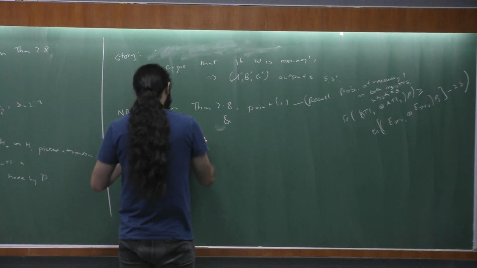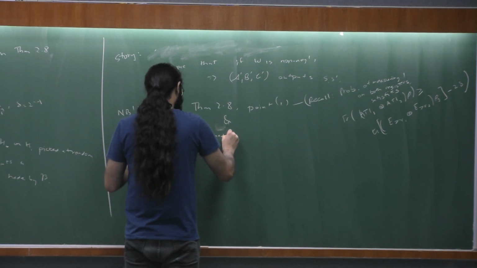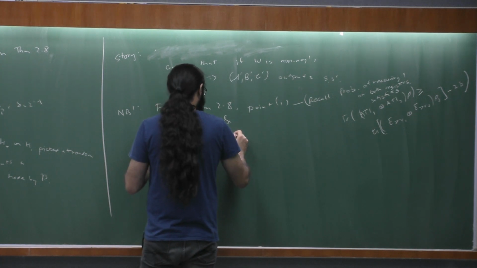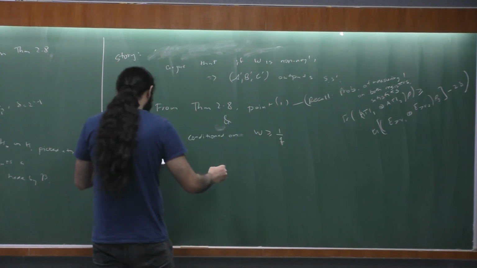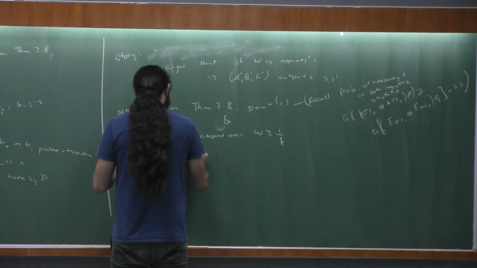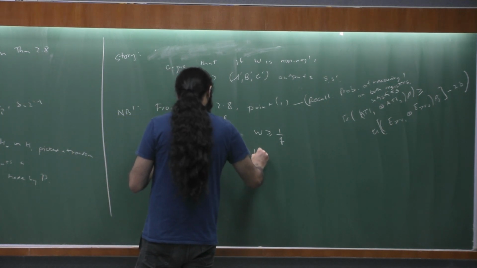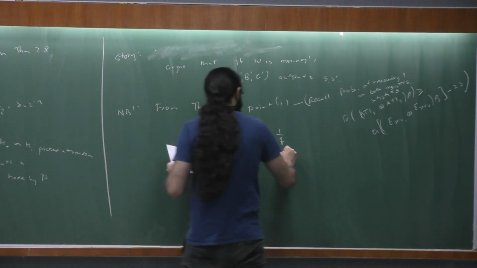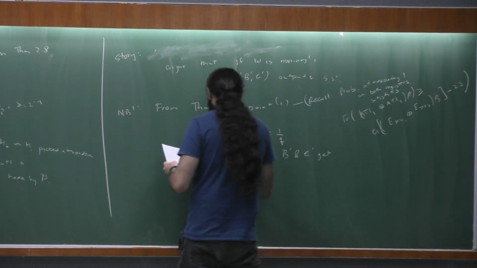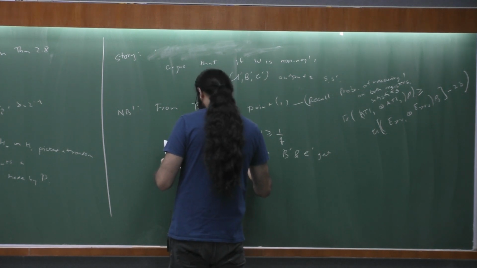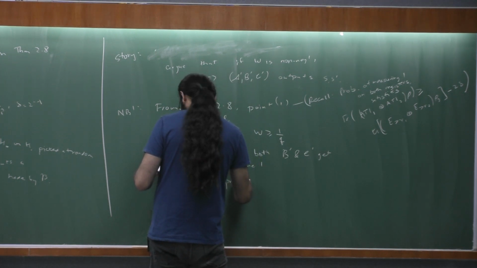And we're going to use the observation that, conditioned on W being greater than 1 by Q, which was in the premise, it follows that both B prime and C prime get outcome 1 with probability.